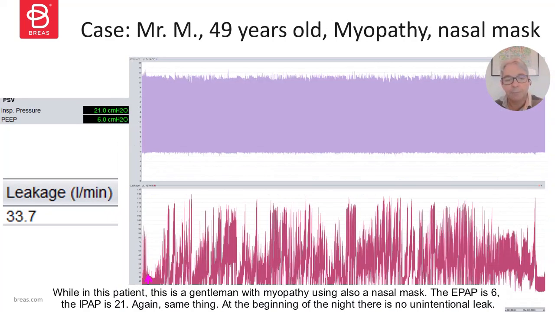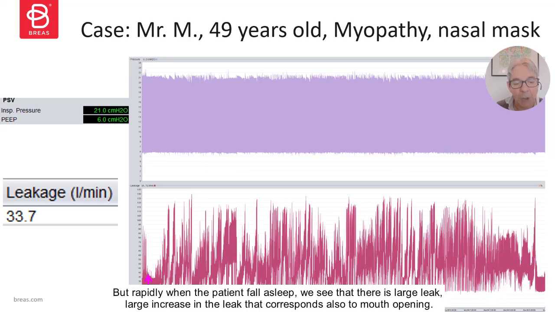While in this patient, this is a gentleman with myopathy using also a nasal mask. The EPAP is 6, the IPAP is 21. Again, same thing, at the beginning of the night, there is no unintentional leak, but rapidly when the patient falls asleep, we see that there is large leak, large increase in the leak that corresponds also to mouth opening.